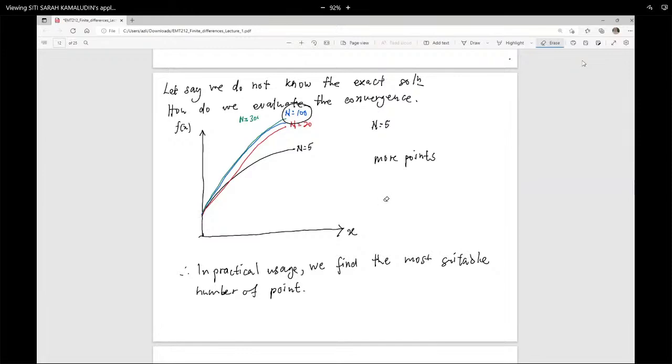Yeah, it's more time to calculate. Your program will run longer. Let's say it takes 5 seconds for n is equal to 5. It might take 1 hour for n is equal to 300. Okay. Sometimes numerical calculation can take up to days and maybe months. That is why finding the most suitable number of points is important.